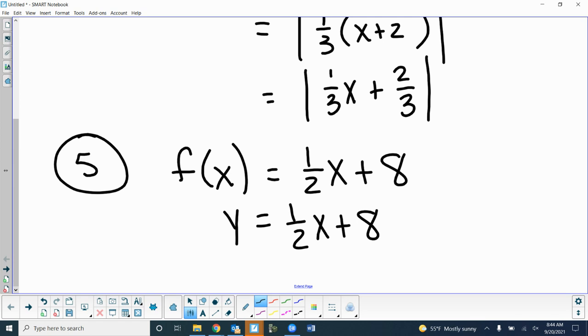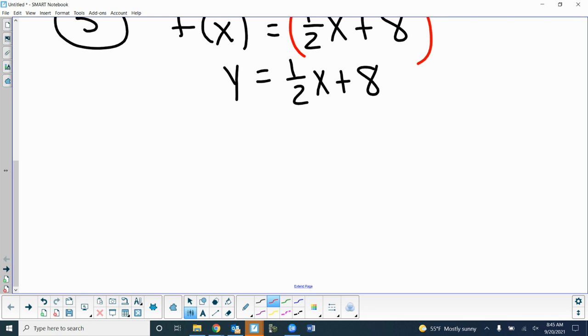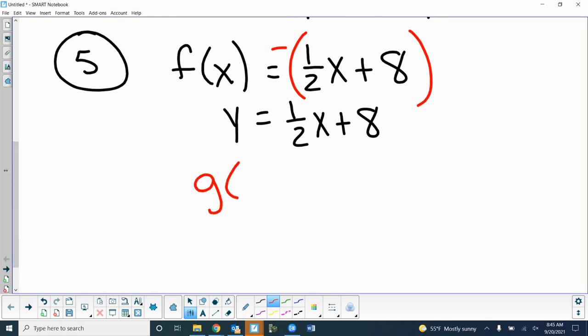That's what we talked about last week. We're taking the opposite. All right? So we're going the opposite of that. The whole thing. For reflecting about the x. So our g function, that's what we're calling these answers. All right, negative, and you can distribute the negative. Okay? Because it was a reflection about the x.